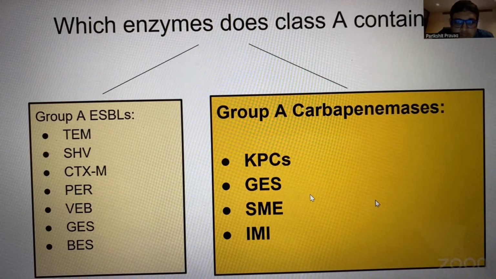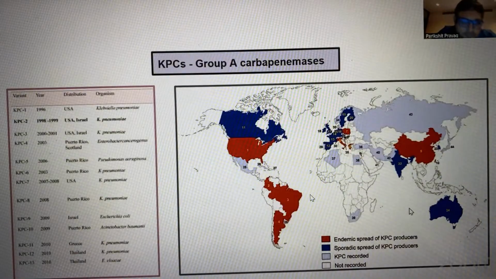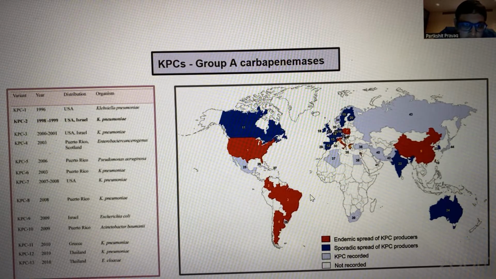KPCs and GES are the important carbapenemases of class A. An enzyme like KPC, luckily, is not endemic in India, whereas most of the carbapenem resistance in the Western world, especially in the US, about 80% of the carbapenem resistance for Enterobacteriaceae, actually comes from KPCs.